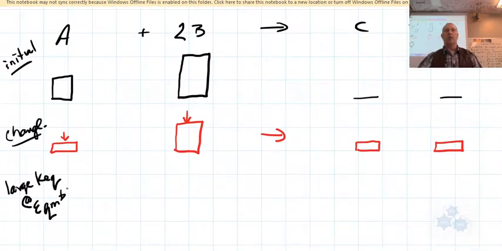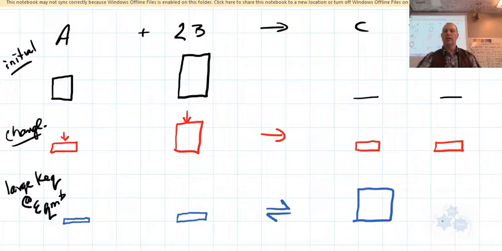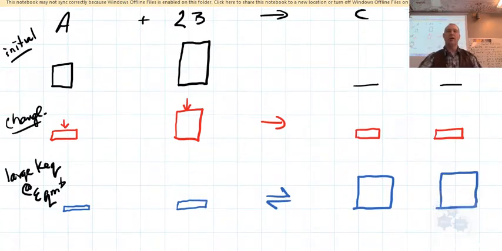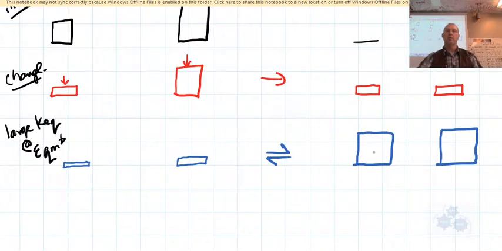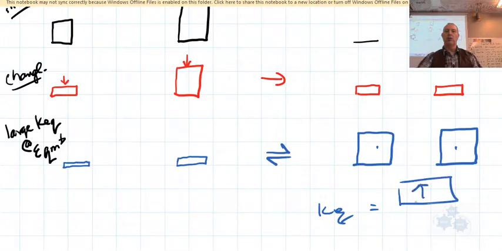So at equilibrium, if it's a large KEQ, that means that we have very little A, and this isn't going to be totally proportional, very little B, and at equilibrium, we're actually going to have quite a bit more C and D. This is what it means when the products are favored. Because if you multiply these concentrations together, you're going to have a very large number on top.